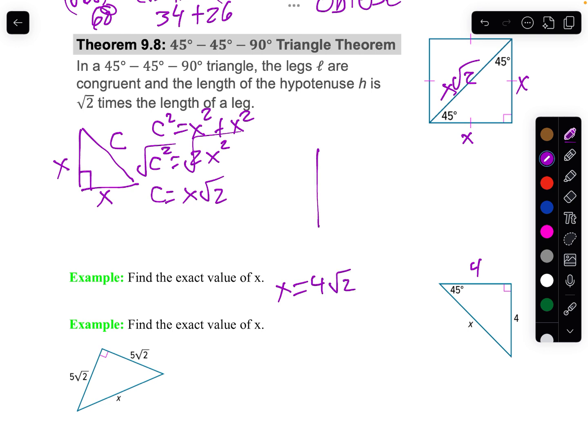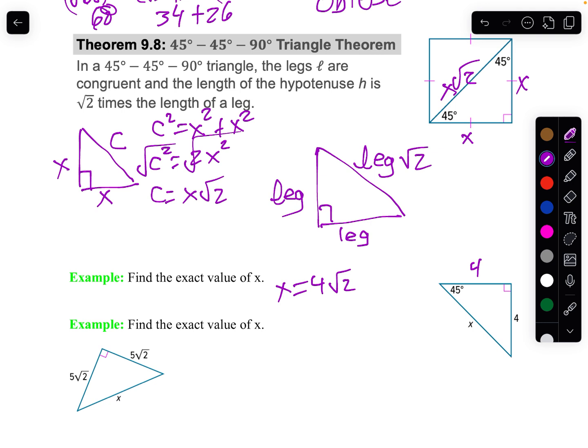Maybe I should write this out without x's and y's because they show up all the time. I've got my leg of my right triangle, and I know the other leg is going to be the same length. And then what I do to find the hypotenuse, I take whatever the leg is, I multiply it by the square root of 2. There's a formula for you, per se.